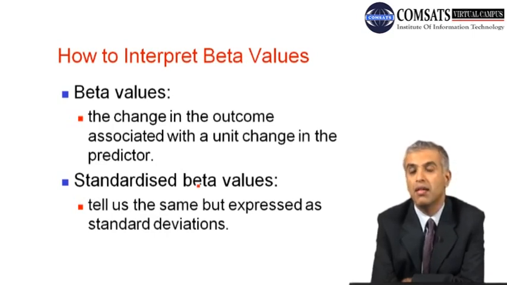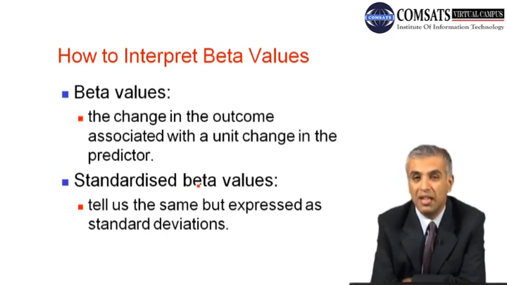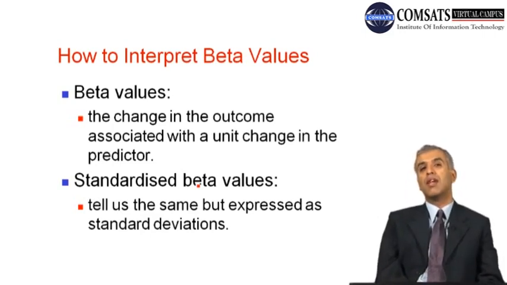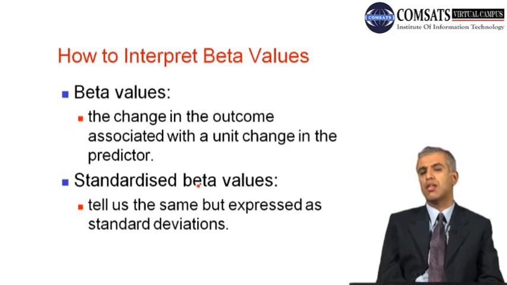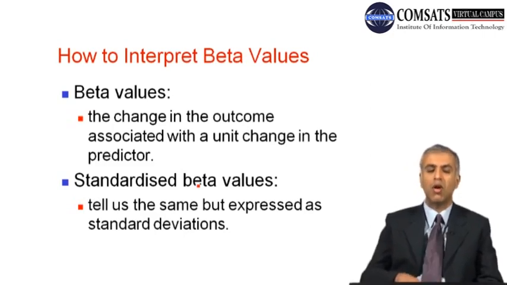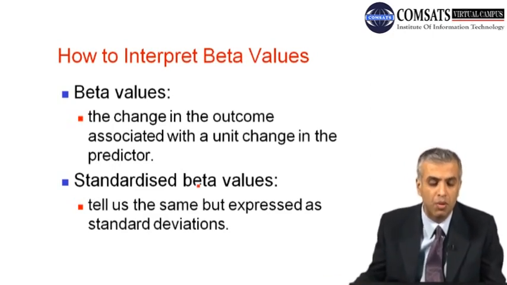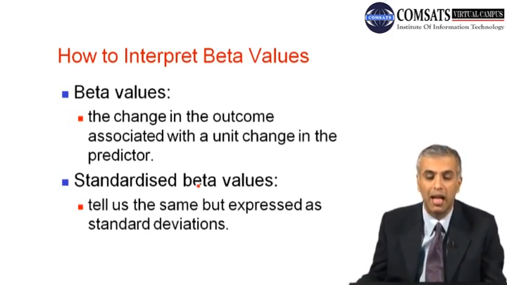In fact, in most business research studies, only the standardized beta values are reported. The other conventional beta values are not reported at all, the reason being that standardized beta values are of more concern as compared to these beta values. However, these beta values do have some importance, and we do have to report both of these in our analysis.